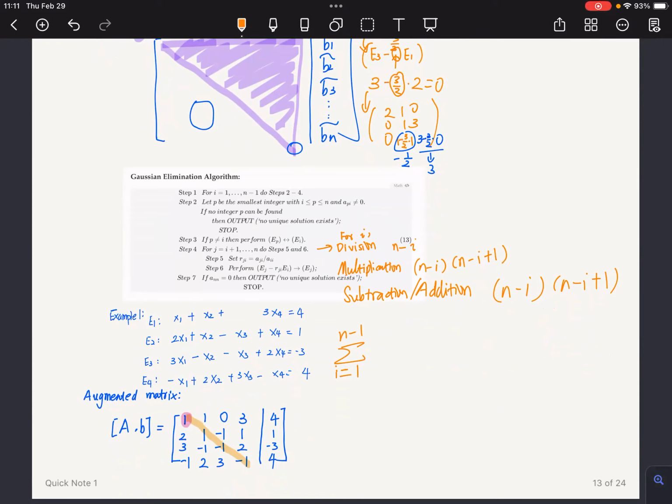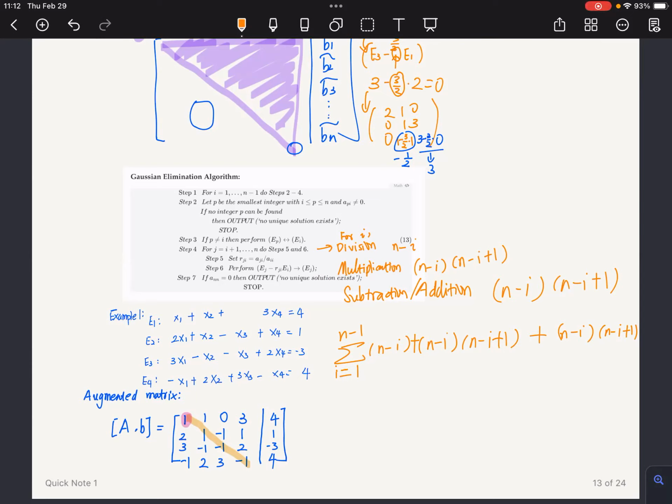For the divisions, we have n minus i, then for the multiplications, n minus i plus 1, and also for the subtractions, n minus i plus 1. I'm not going to do the calculation details here. You need to use some calculation knowledge to simplify the number, so I will just write the final number.